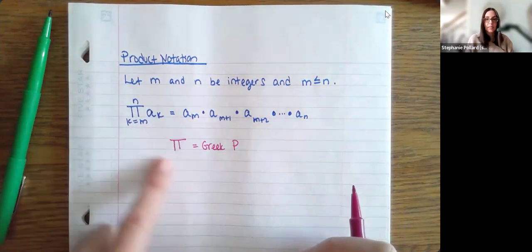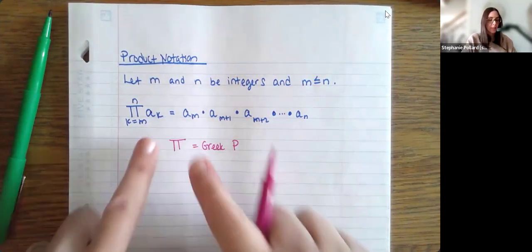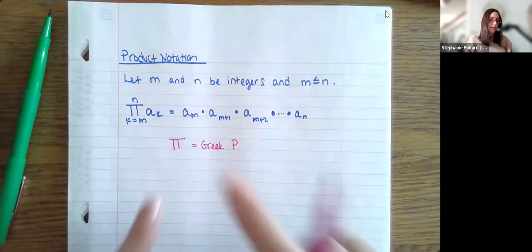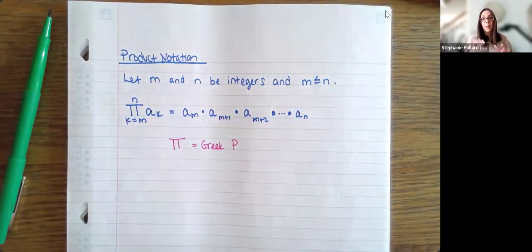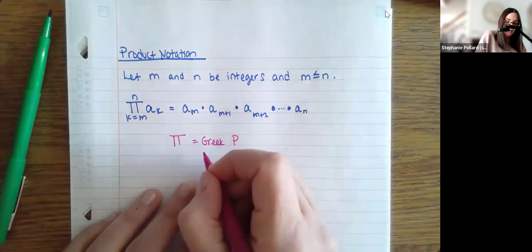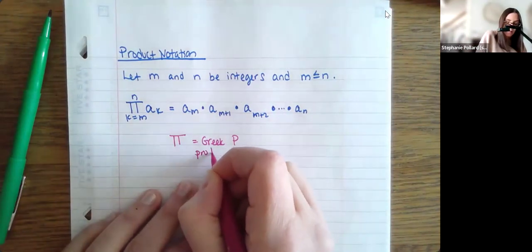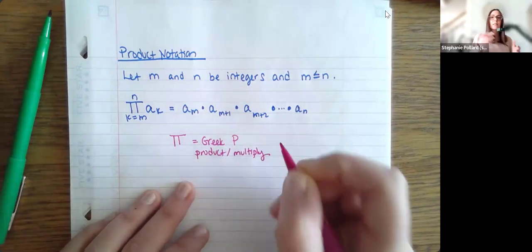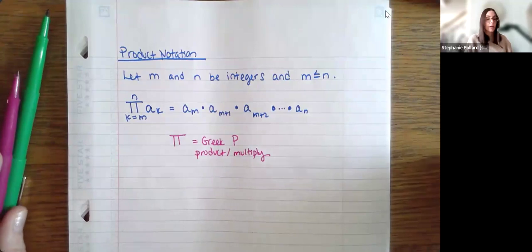So the capital one looks like this. I know my tops tend to be a little bit long. Sometimes they're a little bit shorter, but that's the basic idea, that this is a capital P. P for product, right? Because you're multiplying here. So this stands for product, which means to multiply. But otherwise, very, very similar to what we've done for summation notation.